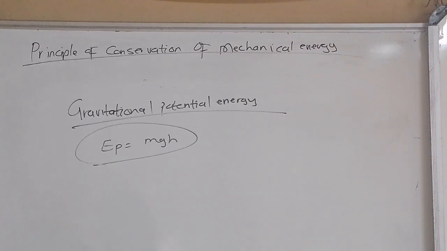When you define gravitational potential energy, you continue with that definition, saying it is the energy an object has due to its position in the gravitational field relative to some reference point. So this was the end of our lesson.